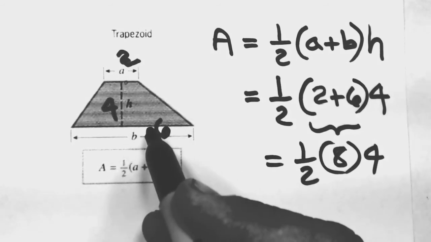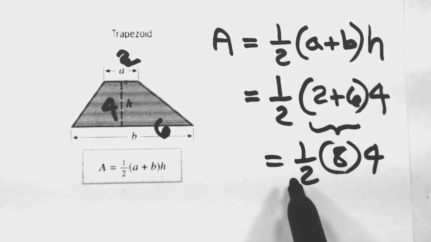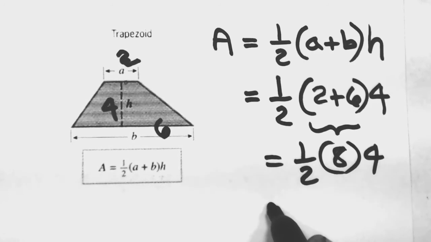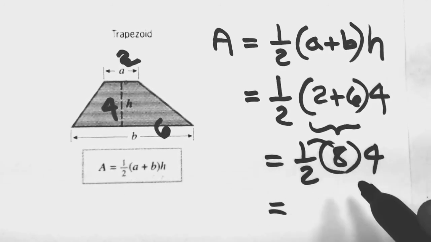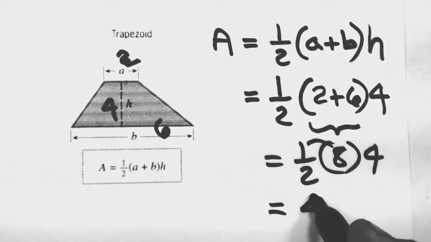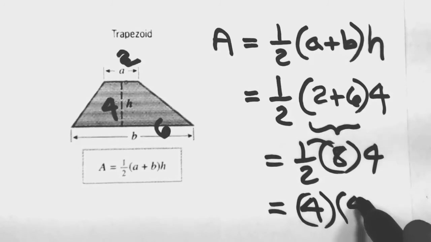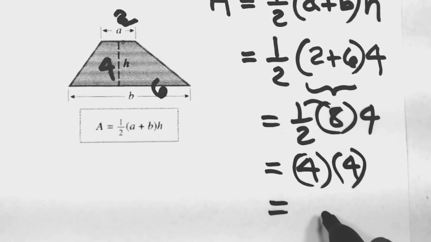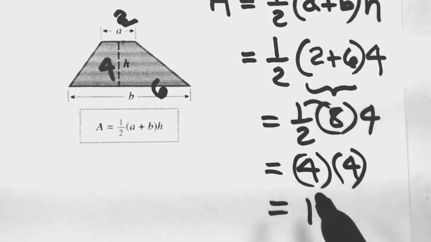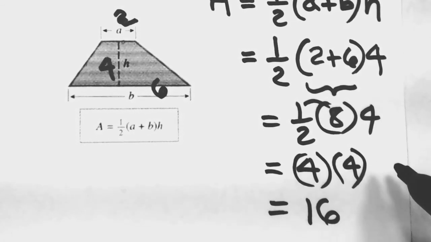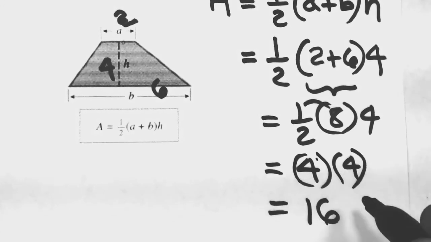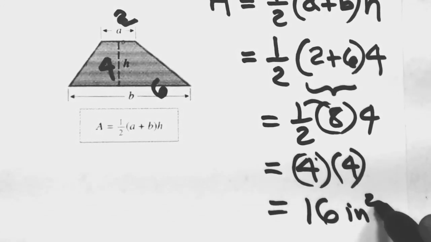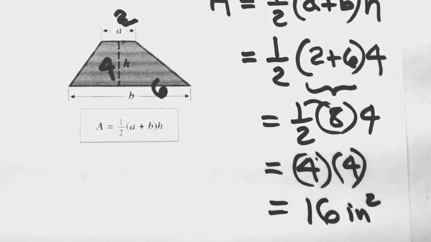We got these two, we added them together, and we're dividing by how many we have. So 1/2 times the 8 gives me 4. And of course, the 4, which is the height, we end up with a total of 16. And if it was in inches here, this would be inches times inches. We'd have inches squared once again.